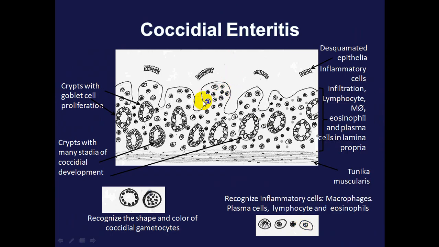Okay, and then due to this enteritis, there will be also desquamated epithelia. Okay, and then also the crypts will be filled with some mucus, and then you will find many goblet cells, okay, in the crypts of the intestines.